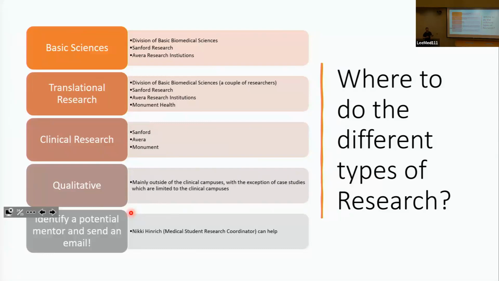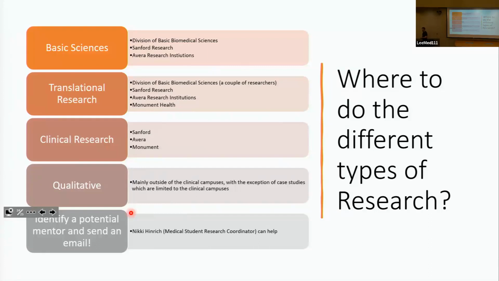But if you're interested in the other types of qualitative research, this is usually done outside of the medical school. So it may be the School of Business, it may be the School of Health Sciences, maybe the psychology department, these areas that are all involved in research that touches on health-related issues, but often take the more qualitative approach rather than quantitative.